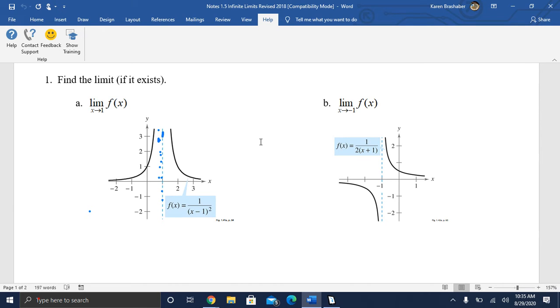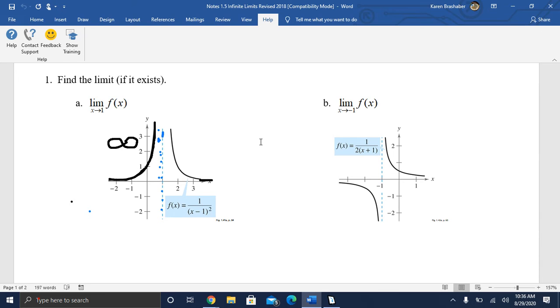You can see it as this dashed line. And so let's take a look at both sides of this graph. As x is approaching 1, you see this graph is going on to infinity. So we can describe that direction as going to infinity.